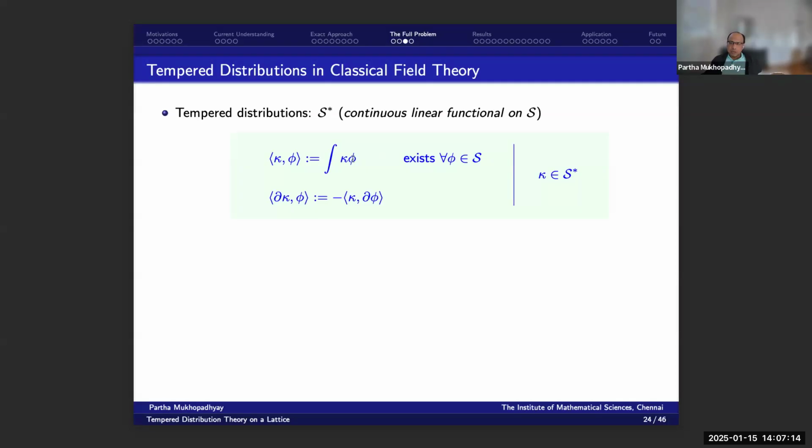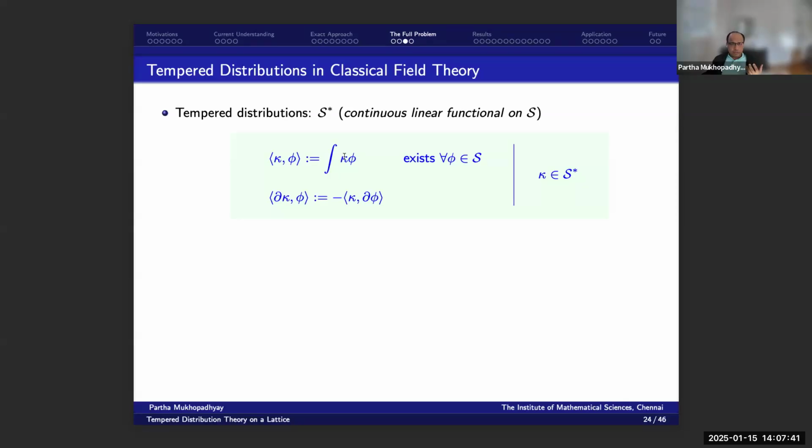And the idea is that when we know the value of this integral for all phi's in the Schwartz space, that defines kappa. Though kappa does not have a normal classical description like a function, like you can write x squared or x cubed is a function. It doesn't have a function description, but it can appear in your calculations in this inner product form.